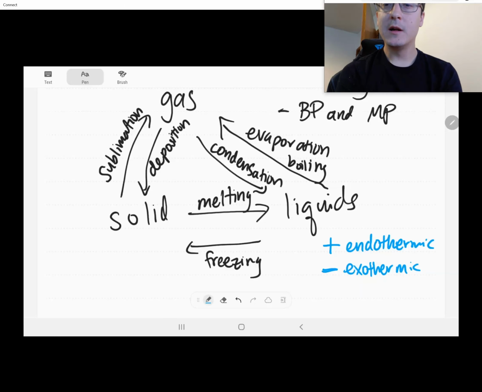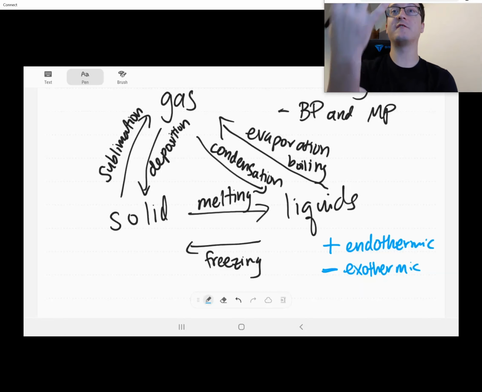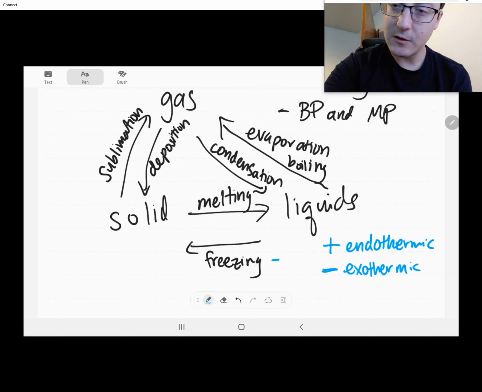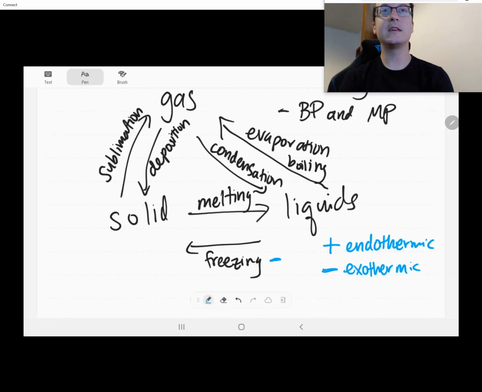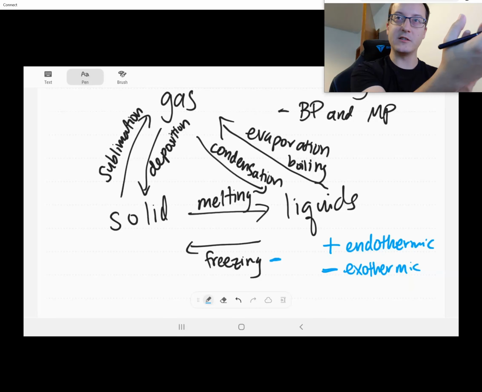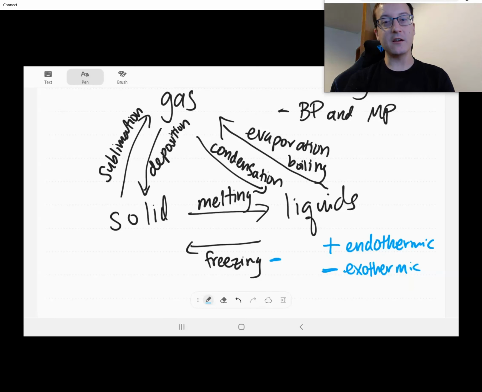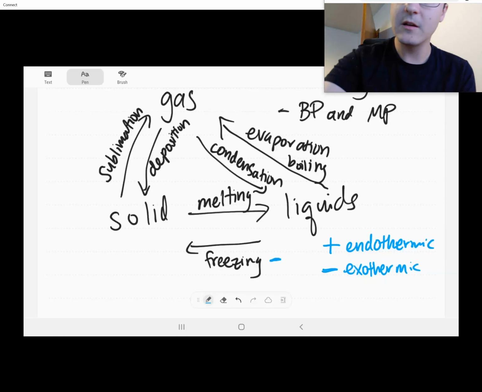So, between melting and freezing, which one of those is going to be exothermic? Which one gives off energy? Yes, you're absolutely right. So freezing gives off energy. If you put something warm into the freezer and come back later, it is colder, and it is now a solid. It has given off energy.